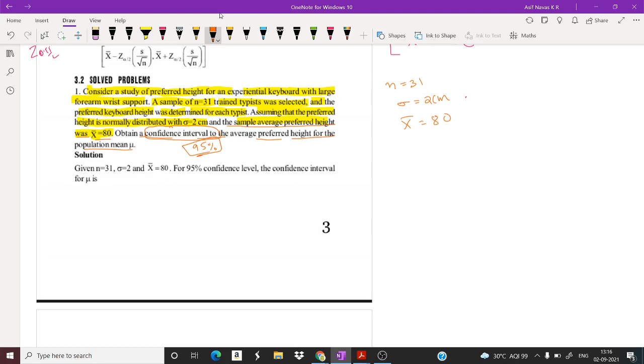Okay. So solution, n we have given, sigma given, x bar is given.